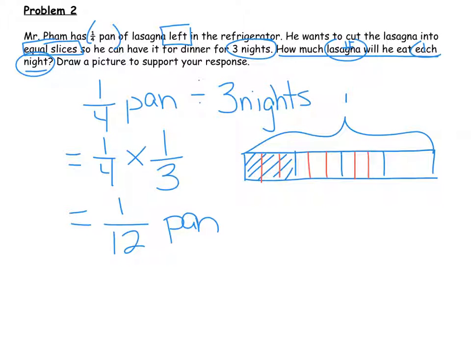I have to cut the 2nd fourth in thirds, the 3rd fourth in thirds, and the 4th fourth. So how much do I get over my 3 nights? I get 1 out of, well, how many total pieces? 1, 2, 3, 4, 5, 6, 7, 8, 9, 10, 11, 12. 1/12. So let's write our answer in an answer statement.